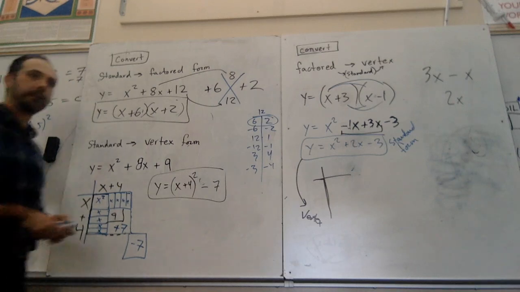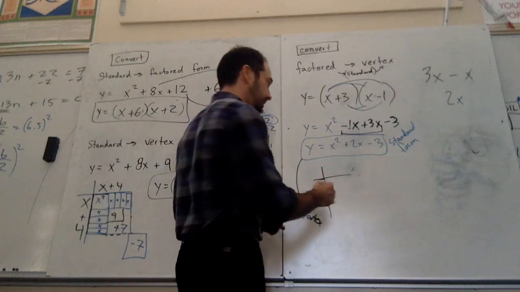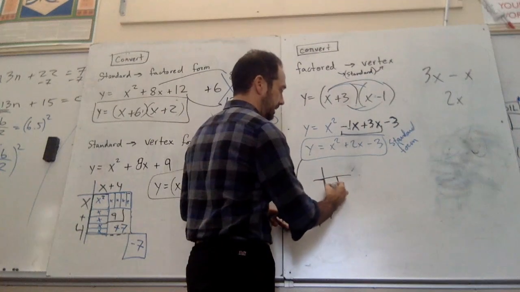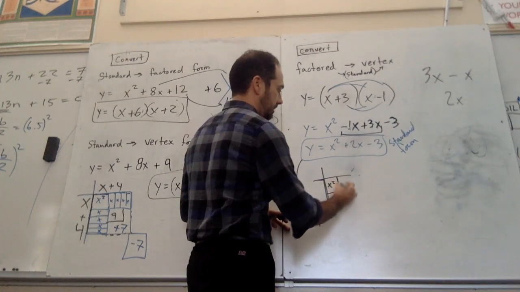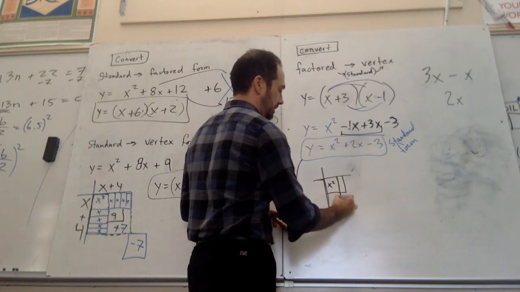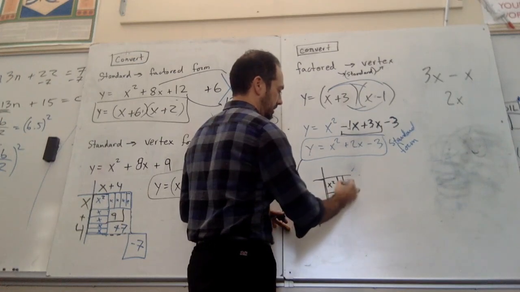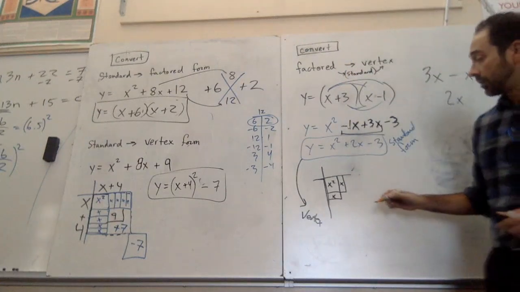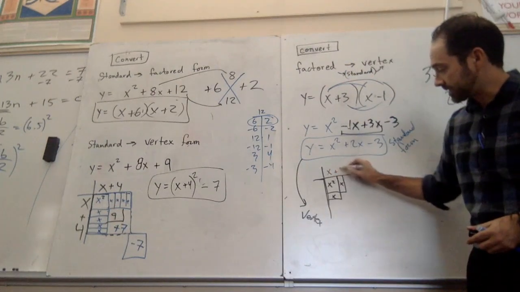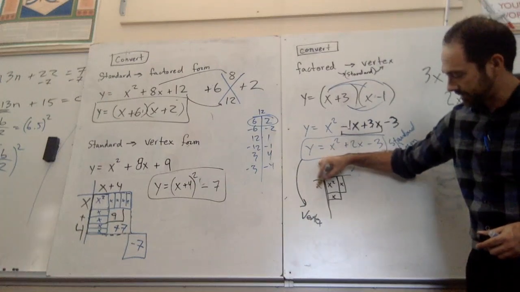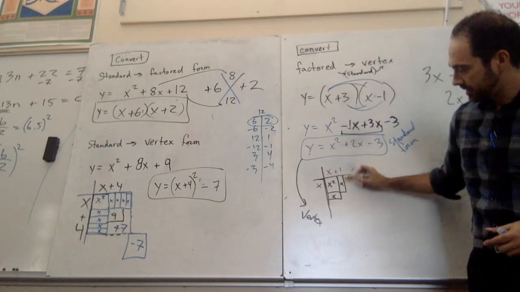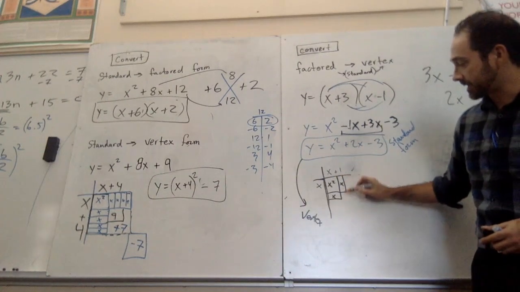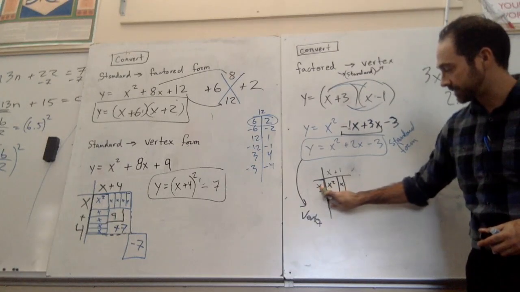This is about as tricky as I've given you so far, but just remember, here's the deal. X plus 1. X times x gives me x squared. X times 1 gives me x, so this is x plus 1 and x plus 1.